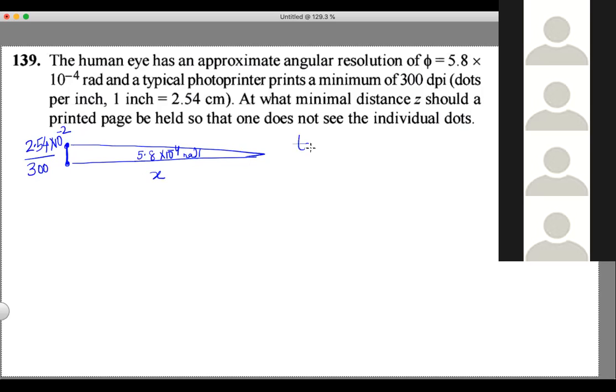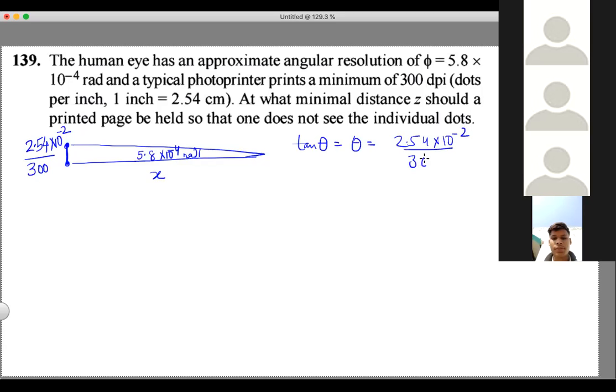So tan theta for such a small angle is equal to theta, which is equal to 2.54 into 10 raised to the power minus 2 by 300 upon x.